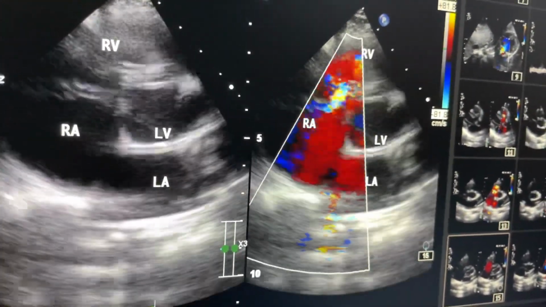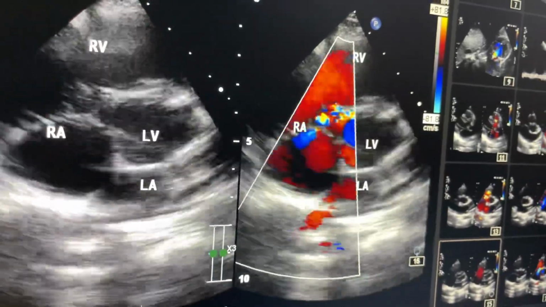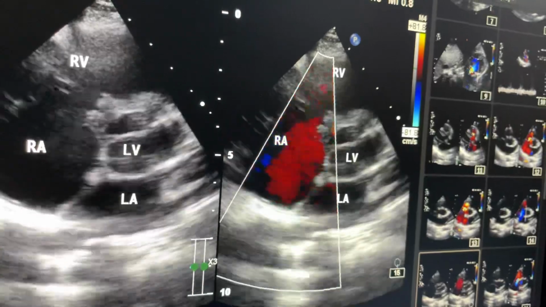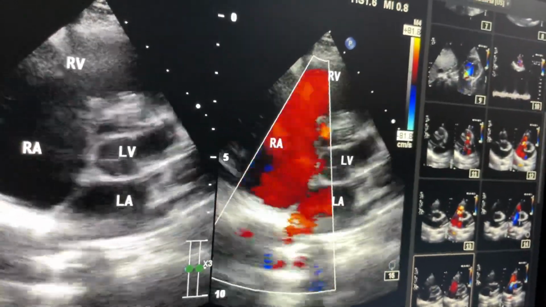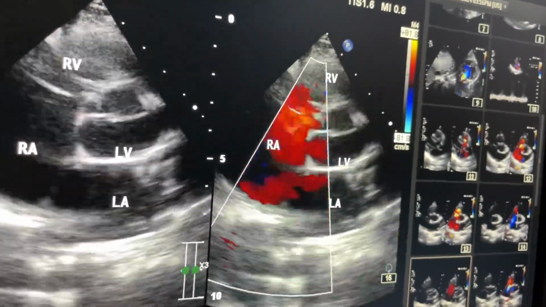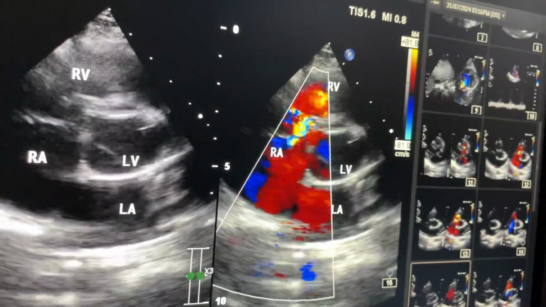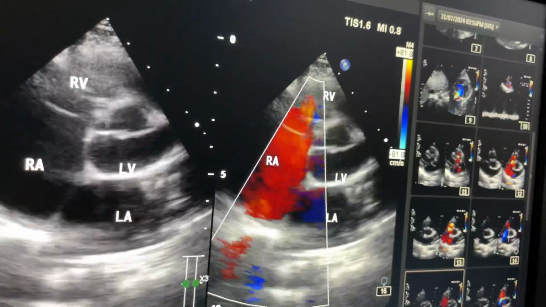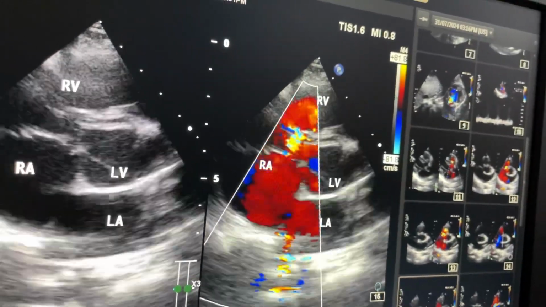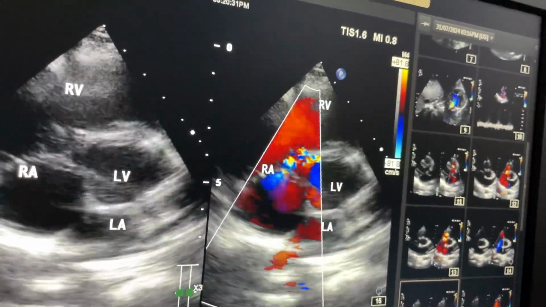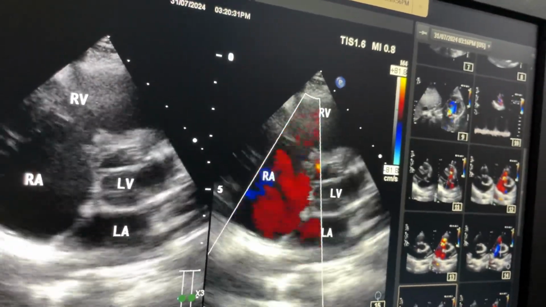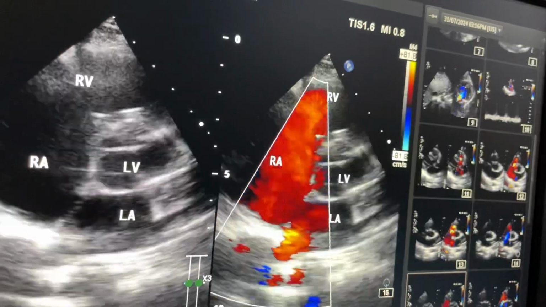In this view you can see the flow is coming out of left ventricle, though part of left ventricle is very close to aorta or aortic valve, so you can see the aortic valve also in this image, but it is from left ventricle. Whenever flow is from aorta to right atrium, just imagine if it is flow from aorta to right atrium, then flow must be continuous, but the flow is not continuous.